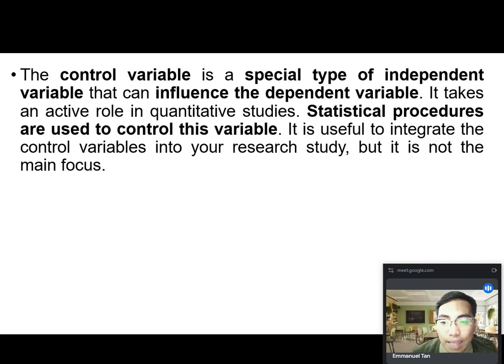Okay, so it takes an active role in quantitative studies. Statistical procedures are used to control this variable. There would be a point of comparison. There should be an experimental process when knowing the control variable.